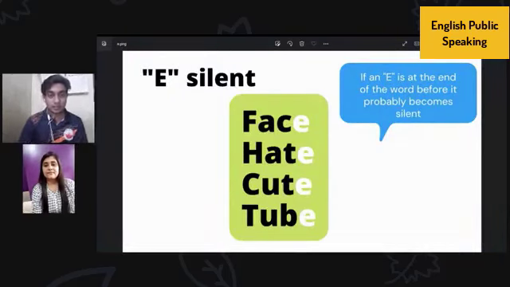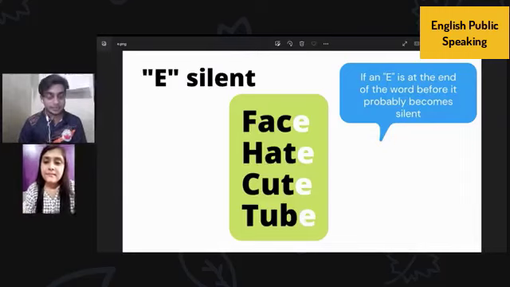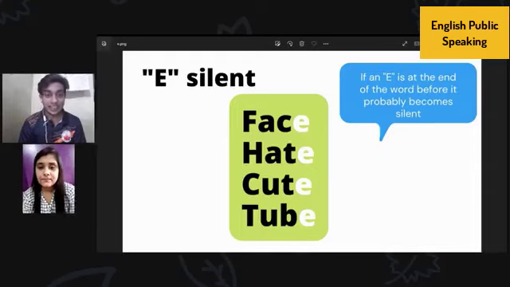Our next letter is E, silent E. If an E is at the end of the word, that means when E is at the end of a word, normally it will be silent. Before it, it probably becomes silent, such as face, head, cute, tube.